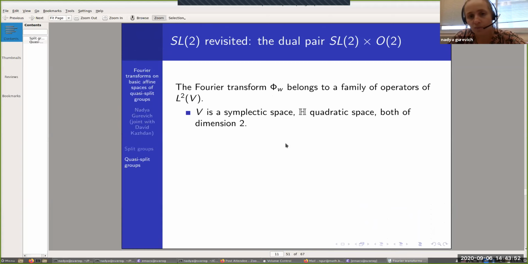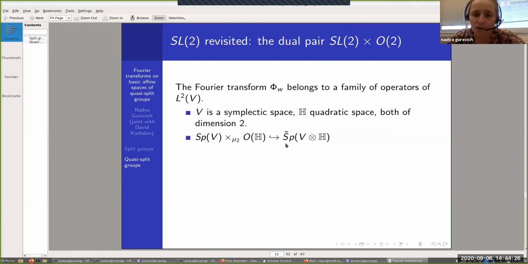I look at V as being a 2-dimensional symplectic space, and let me also consider a quadratic space H, also of dimension 2. So their product has a natural structure of a 4-dimensional symplectic space, in which case there is a natural embedding of the symplectic group SP of V times the orthogonal group of H into the symplectic group of their tensor product. This is basically the symplectic group SP4.